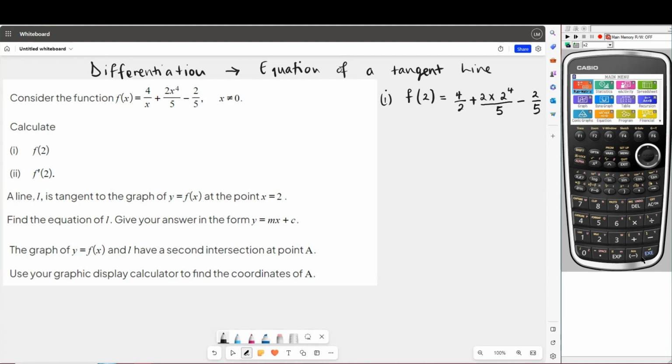If you go on your calculator and go into the run matrix, you're able to put that on.